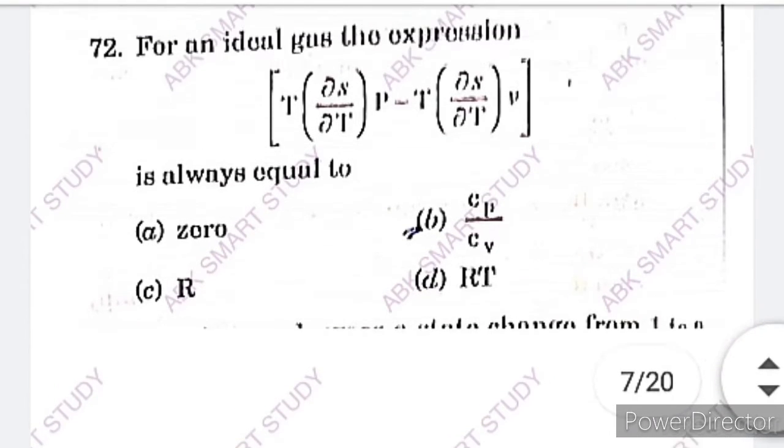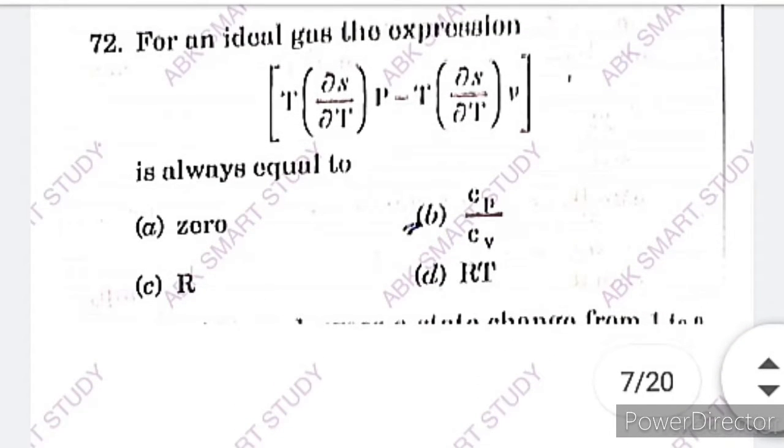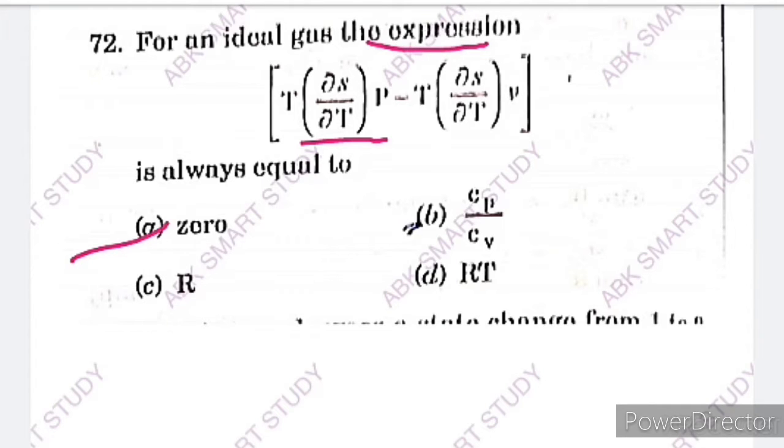For an ideal gas, the expression (T ds/dt) into (P minus T ds/dt) into V is always equal to. Options are 0, Cp upon Cv, R and RT.